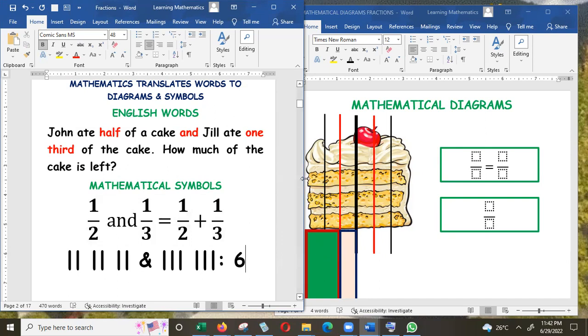So half of the cake would bring us right there, from here to here. Half of the cake looks like 1, 2, 3 out of 6 slices. So 3/6 is the same as a half.